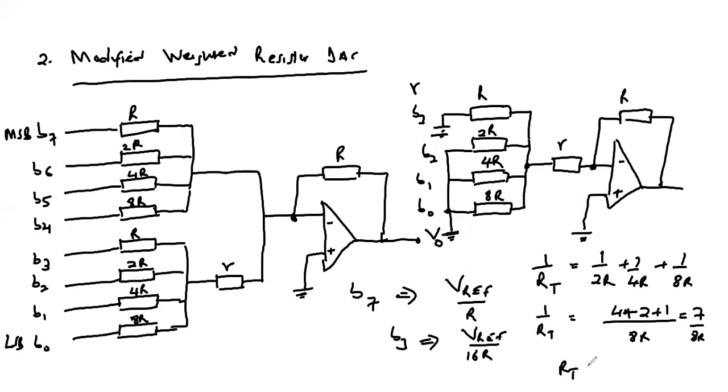That means the total resistance is 8R/7, which means we can have a modified or reduced circuit with a resistor 8R/7 in parallel with small r, and then in series with our R as follows. So our network can be modified as follows.